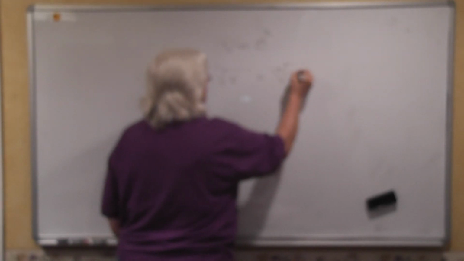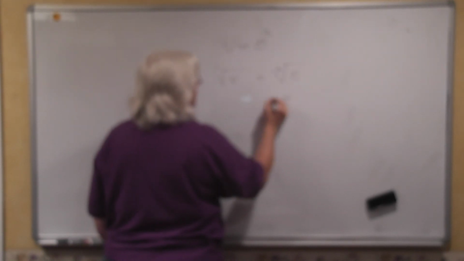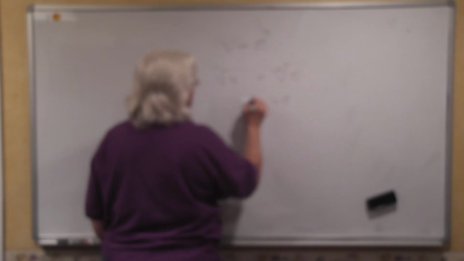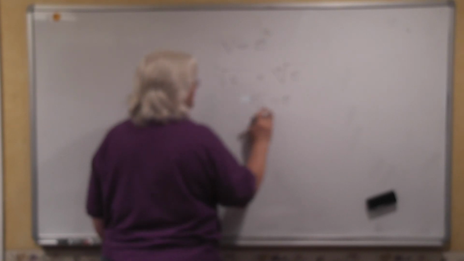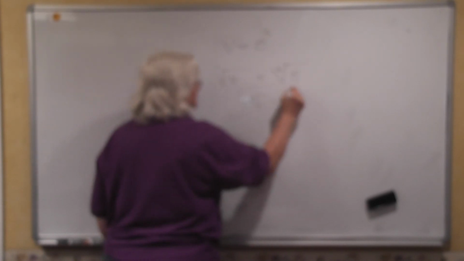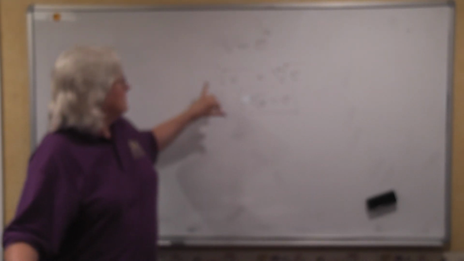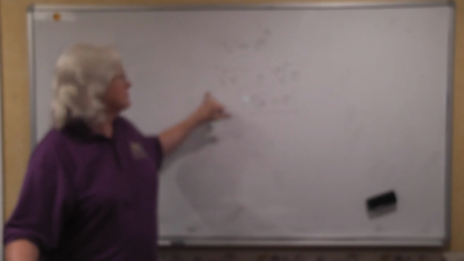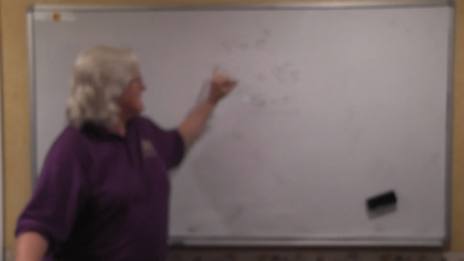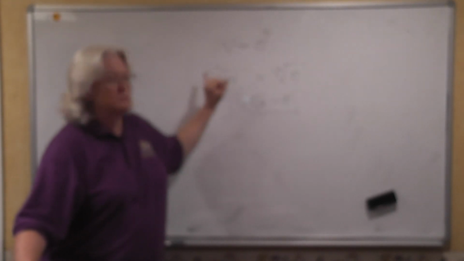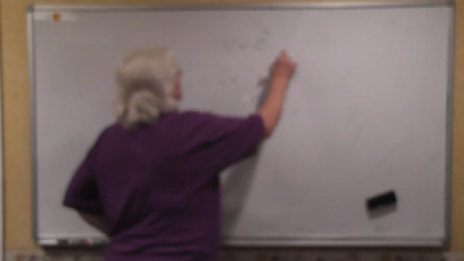So E is equal to the cube root of V. There really are not a whole lot of steps involved in this. You simply have to have the understanding of what cube roots are. It was a little bit messy here with my writing. These both mean the same thing, cube root.